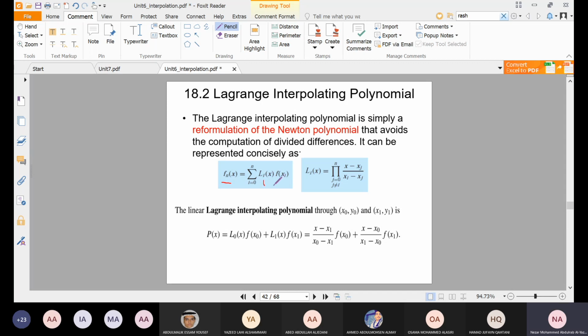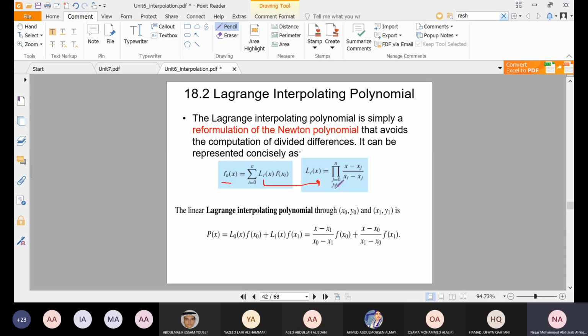Okay, while L is the weight coefficient, L sub i of x is equal to the product from j equals 0 to n, while j is not equal to i. Okay, and j here is not equal to i.